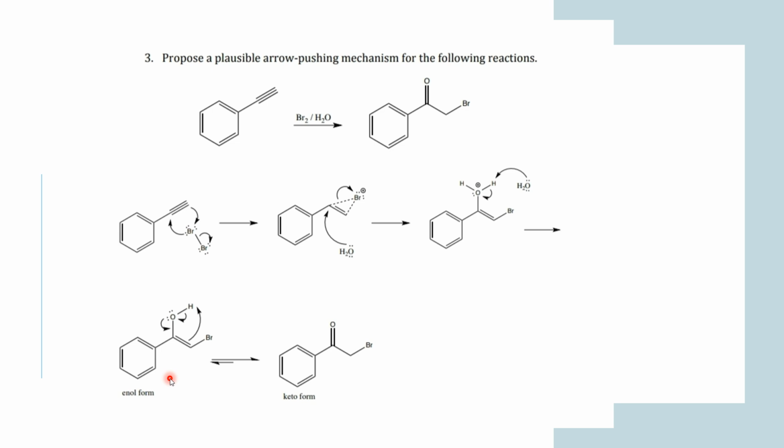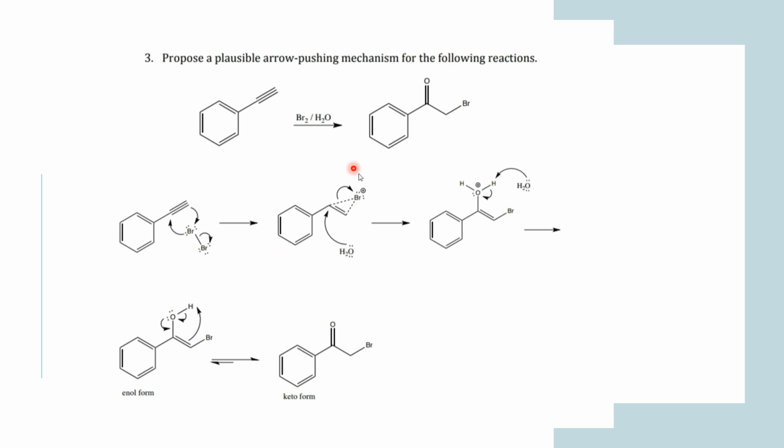After the formation of the enol, since it is not the most stable form of this compound, it will quickly undergo keto-enol tautomerism to give you the keto form of this compound. So, hence, you get this product as the major product.